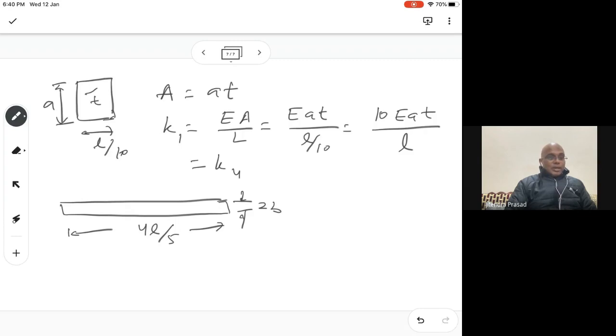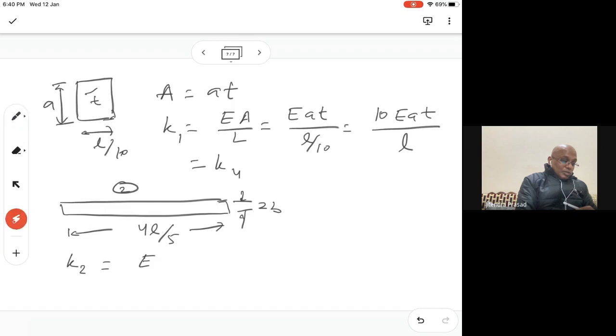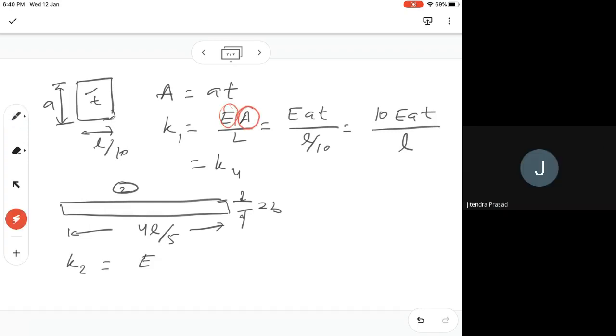Okay. Right. And rest E and all those things remain the same. And this is element number 2. So our K2 will be equal to... L is specific to number 1.